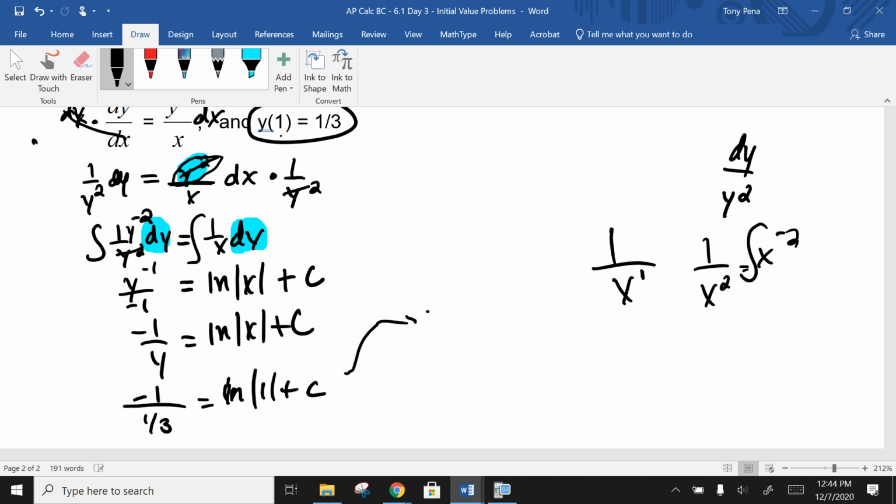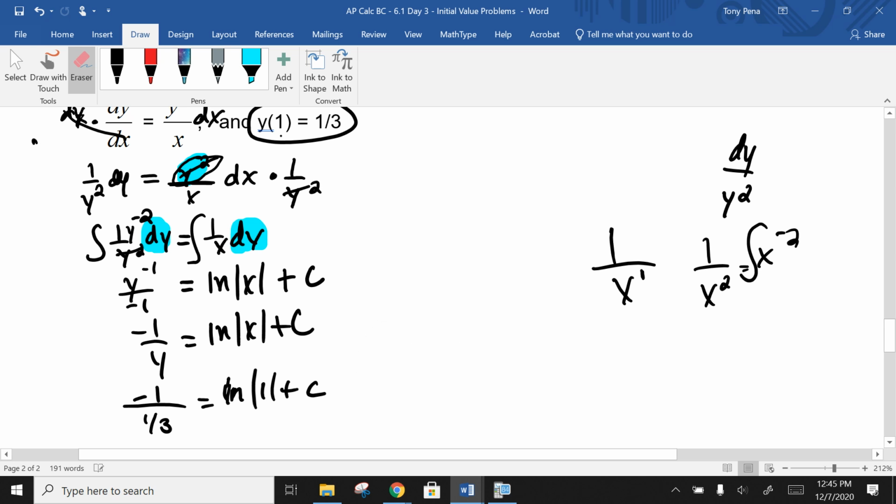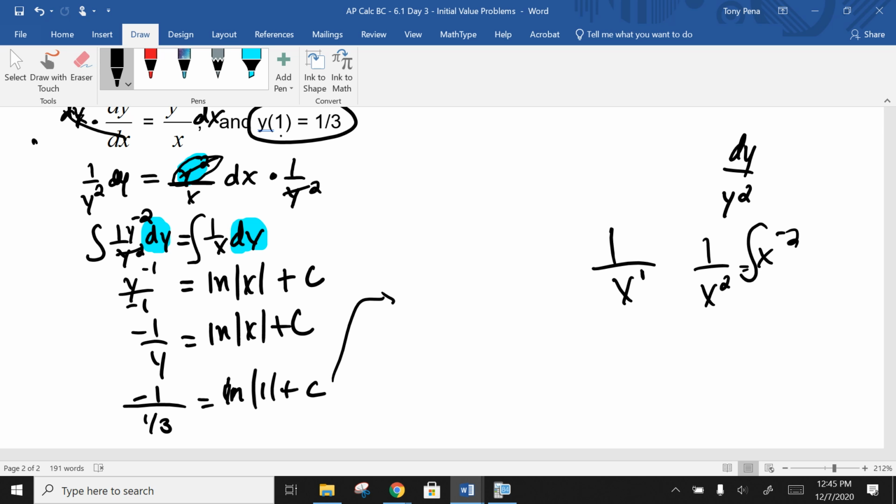All right, so -1 divided by 1/3 is a -3. Natural log of 1 is a 0, so this c ends up being a -3.